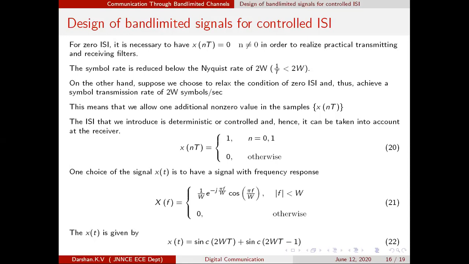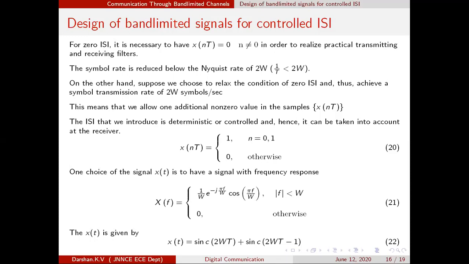What symbol rate can we achieve? The maximum possible symbol rate one can achieve is 2 into W. What is W? W is nothing but the bandwidth of the channel. These things you are supposed to understand.